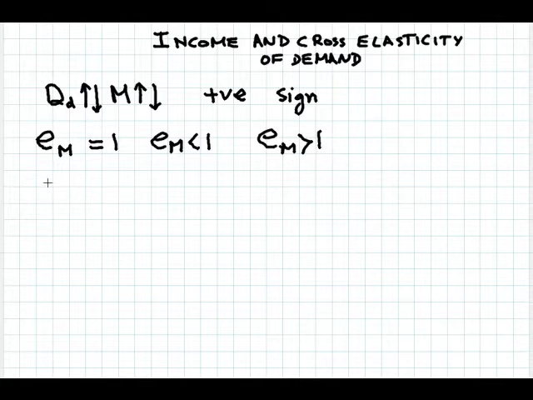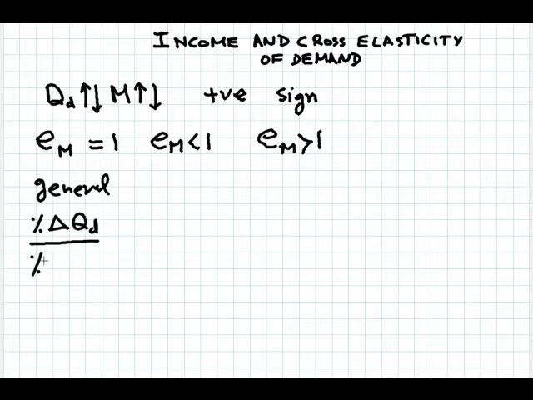In order to calculate income elasticity of demand, the general formula we use is percentage change in quantity demanded divided by percentage change in income of the consumer. And point income elasticity is slope multiplied by income level at one point and quantity demanded at that point.